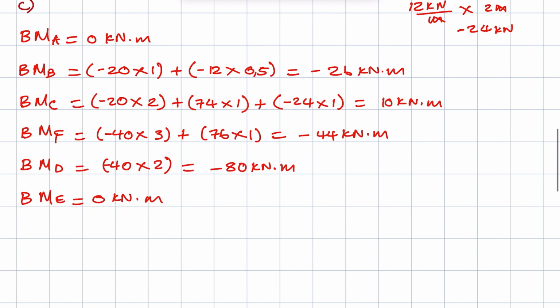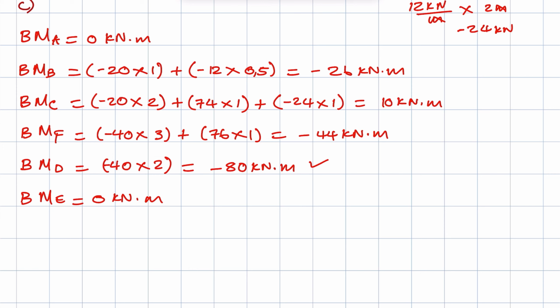Right, and this becomes our bending moment calculations. Now, looking at our bending moment calculations, below the 0 line, maximum bending takes place at what? At point D, because at point D, that's where you have negative 80 kilonewtons, which in magnitude is the most when we look at the bending moment diagram below the 0 line.